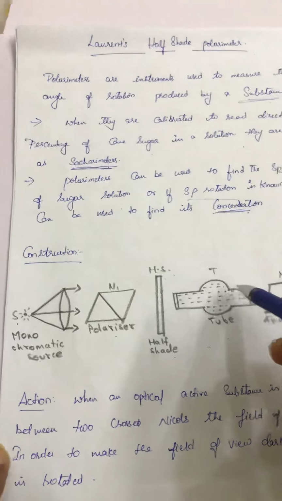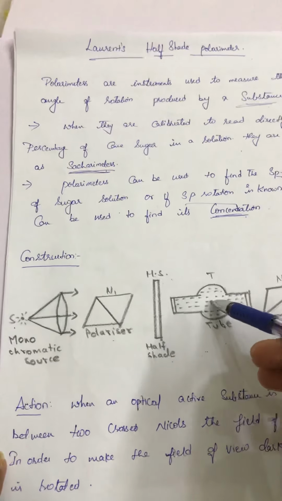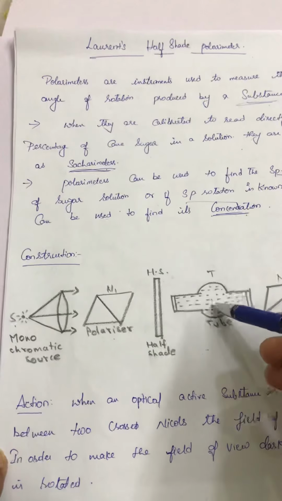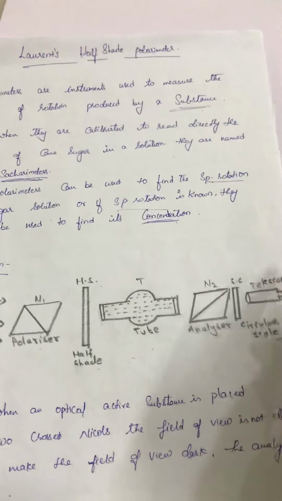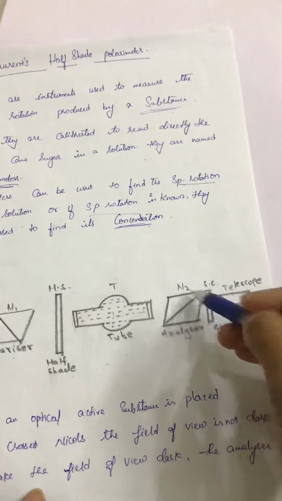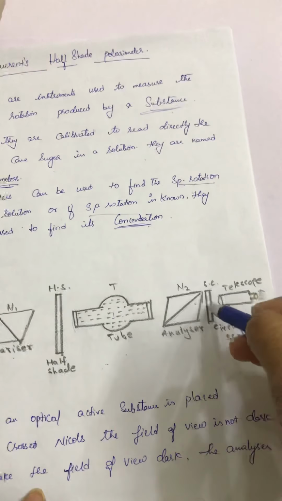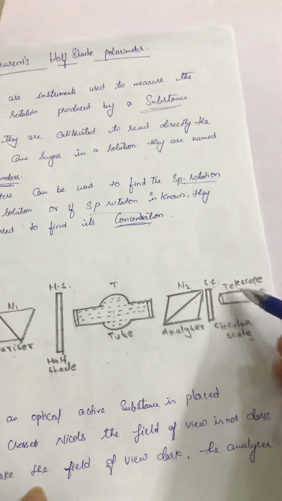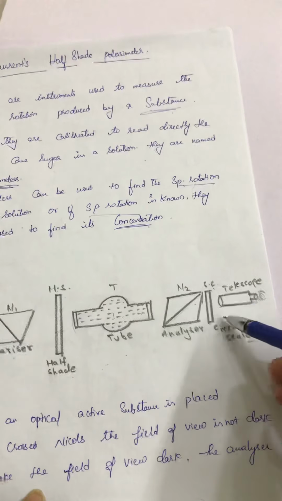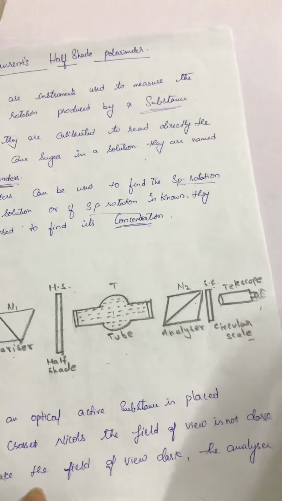This is the tube which holds the substance solution we are going to take, and its ends are closed. Next is Nicol N2. Here we have SC, the circular scale. After that we have the telescope eyepiece E.